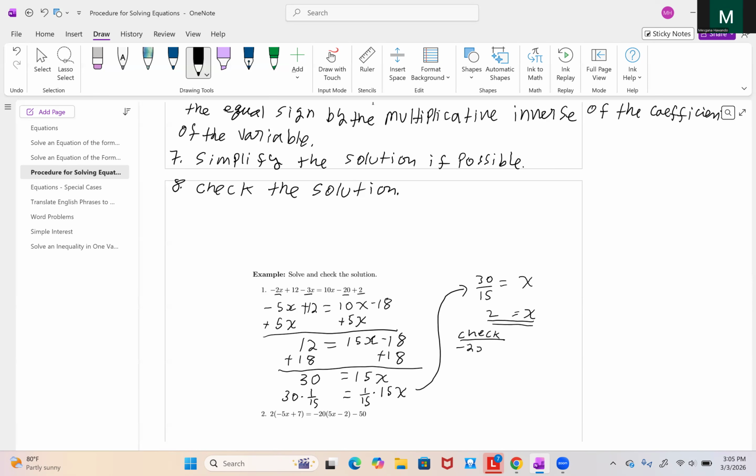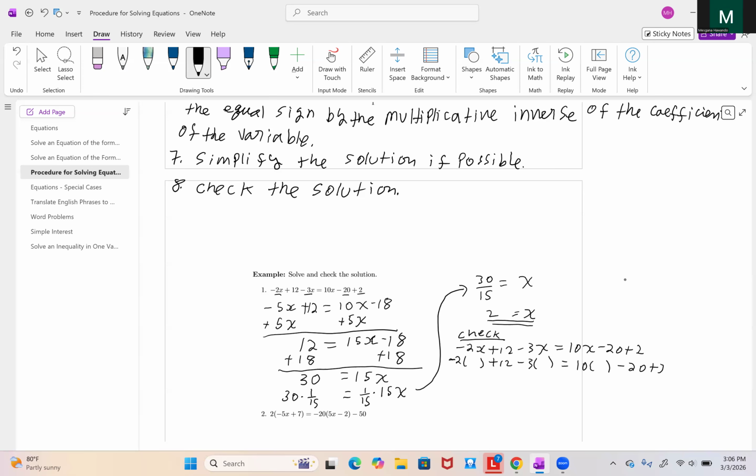Minus 2x plus 12 minus 3x is equal to 10x minus 20 plus 2. Minus 2 times x plus 12 minus 3 times x is equal to 10 times x minus 20 plus 2.